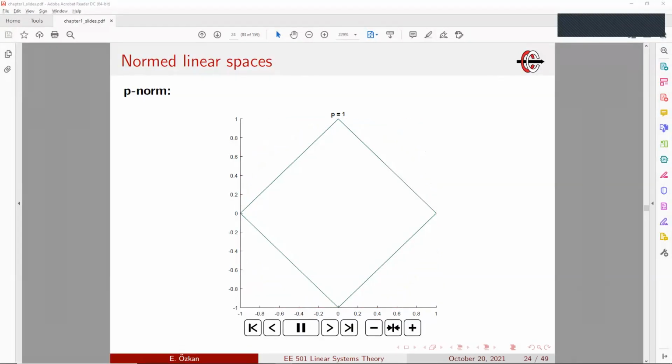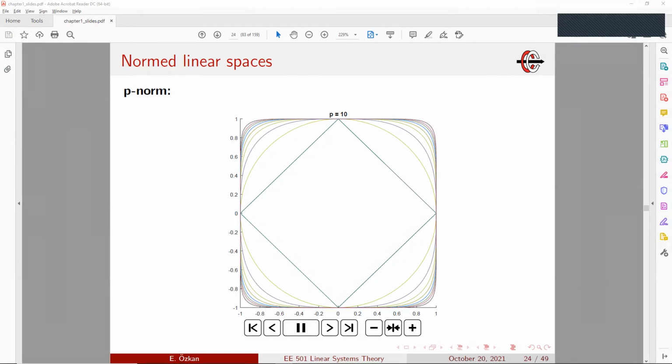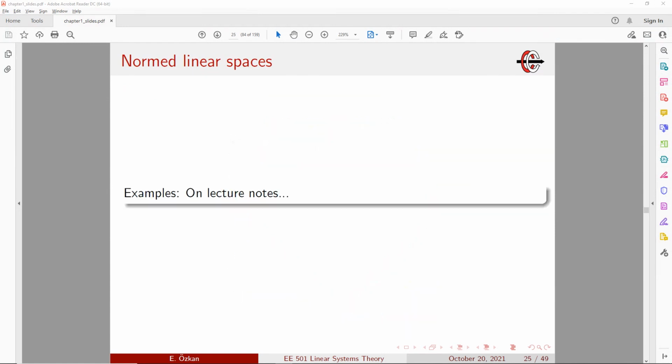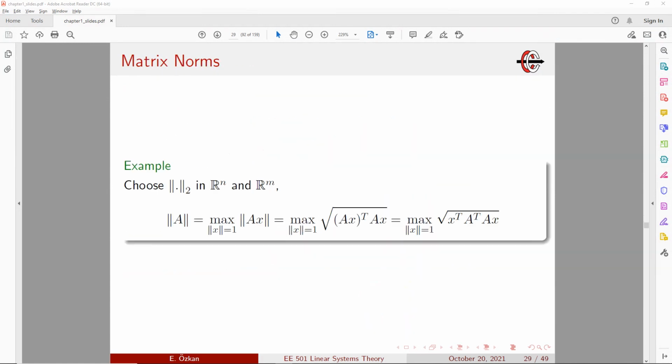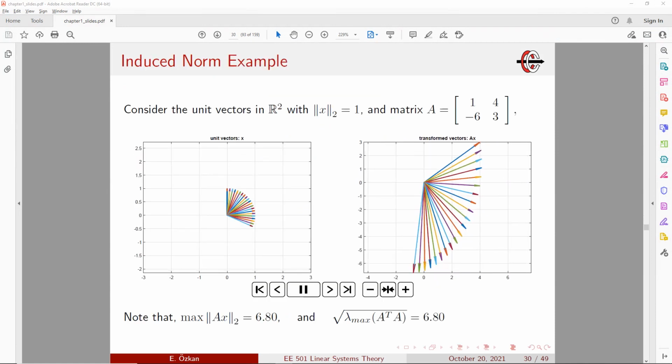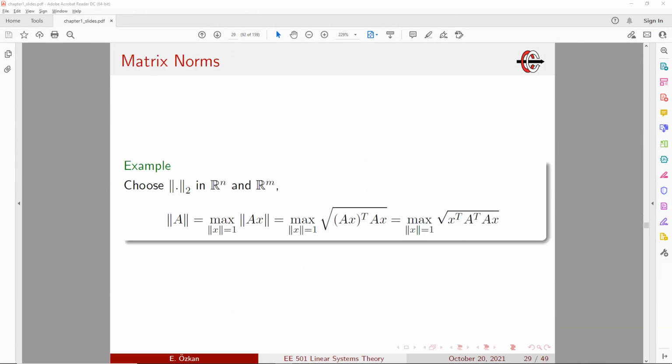All right, so this was in the previous lecture, we were plotting the unit spheres in R square with different Lp norm definitions, right? Okay, so I will go to induced norm definitions now. Once again, I want you to concentrate on that.